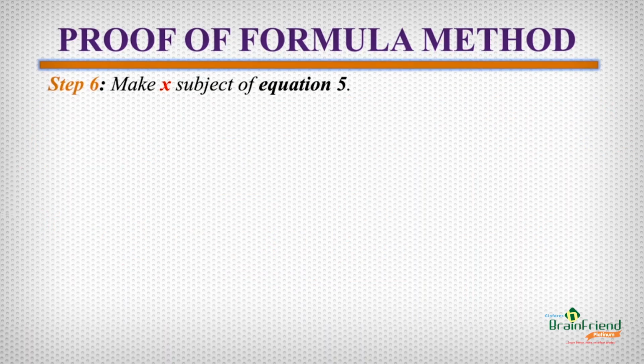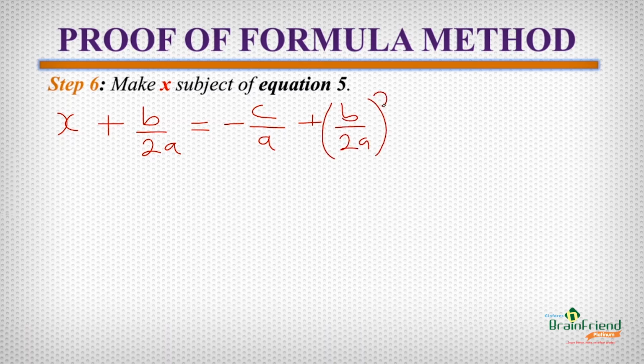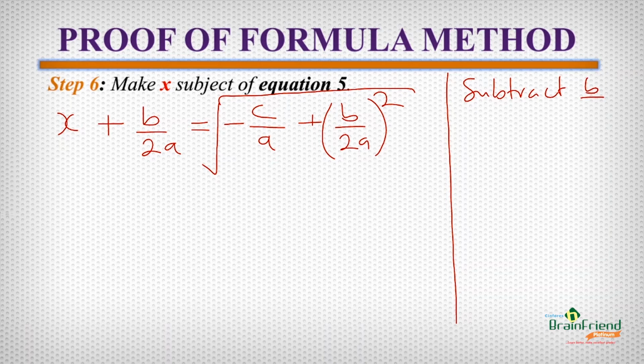Now step 6, make x subject of equation 5. Remember, equation 5 is now x plus b over 2a, and that is equal to minus c over a plus b over 2a all squared, and everything is wrapped in a square root. To make x subject, subtract b over 2a from left hand side and right hand side.